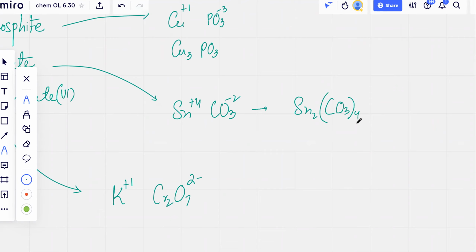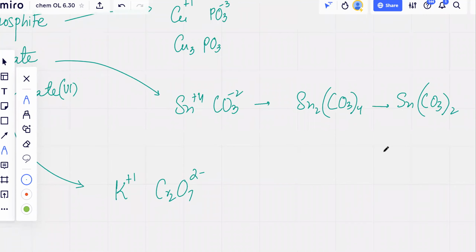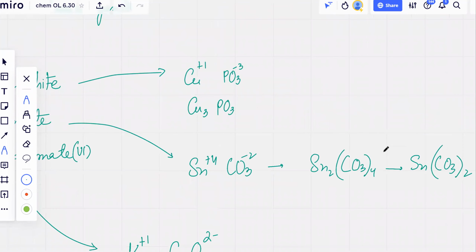So can this be simplified further? Yes, sir. So what would you get in that case? Sn and then CO3 with 2 outside the bracket. Sir, can it also be CO3 PO3? No. Remember, you can't change the formula of the polyatomic ion.